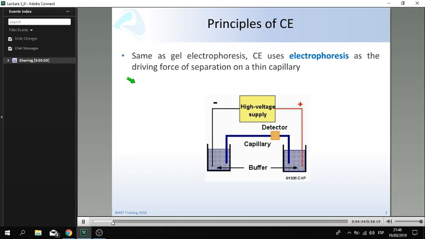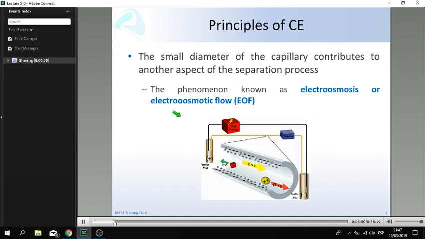So we still have our capillary, where our sample will come through the capillary and separate based on their charge, because we have our two electrodes. We have our negatively charged electrode, our positively charged electrode, a high voltage supply, and a buffer that helps us conduct that electric energy.